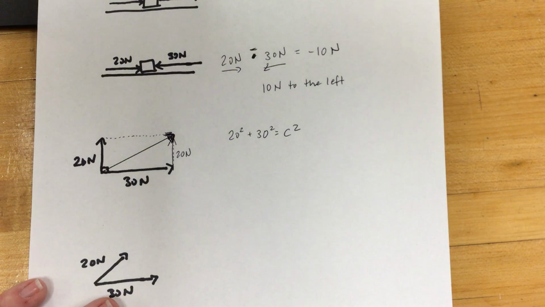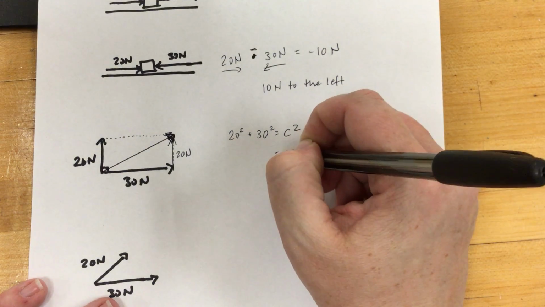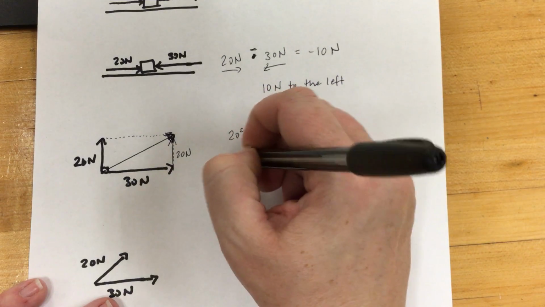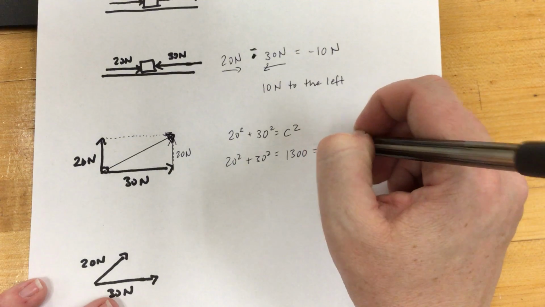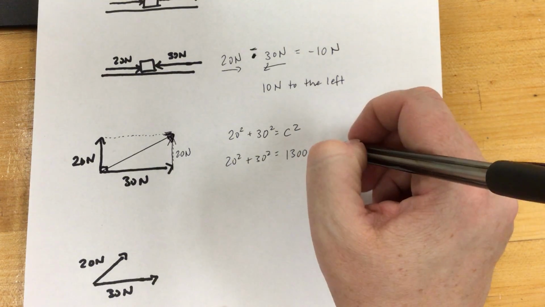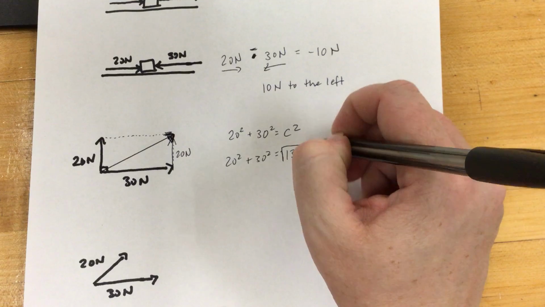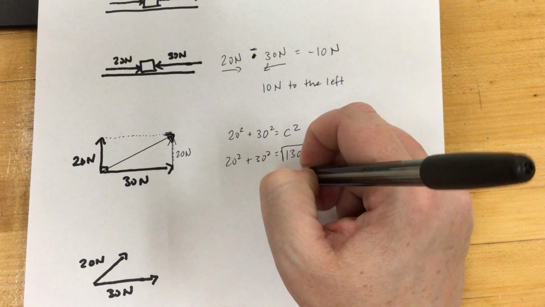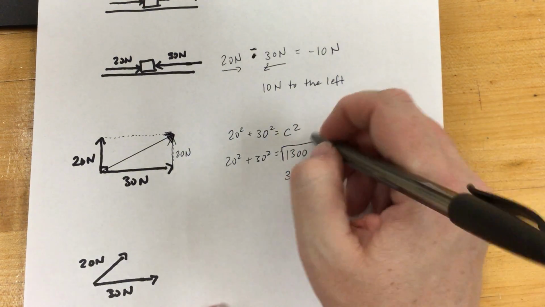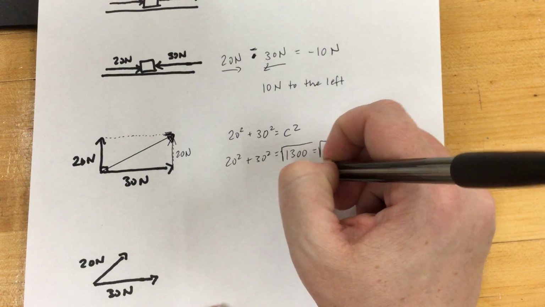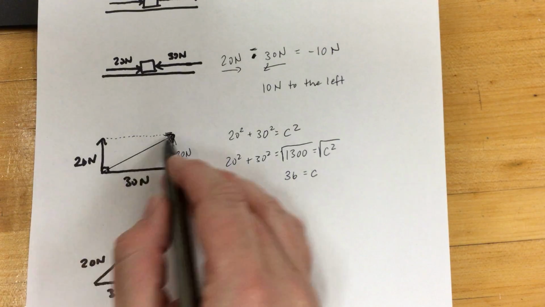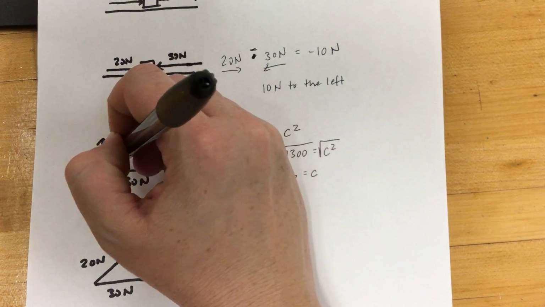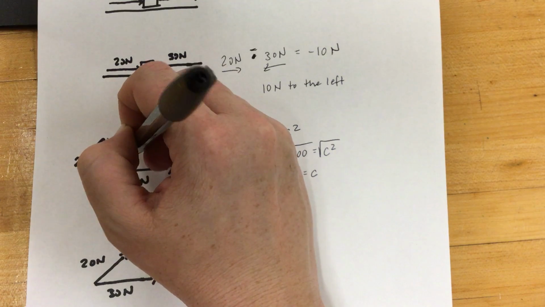That gives 1,300 equals C squared. To get rid of the squared, I take the square root of both sides, and I end up with 36.0 something, so I'm going to leave it at 36 equals C. What that means is that the net force on whatever's being pushed that way is 36 newtons.